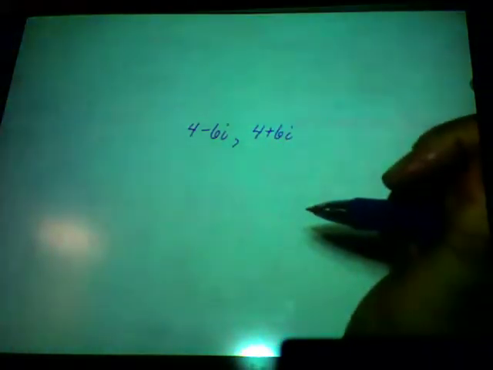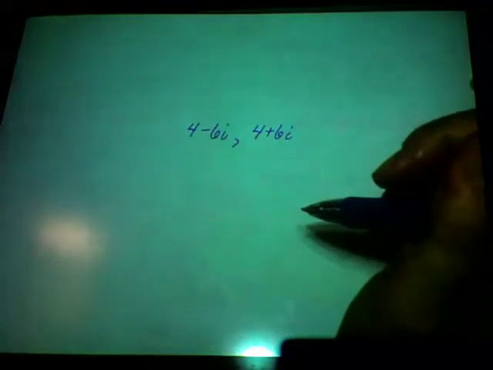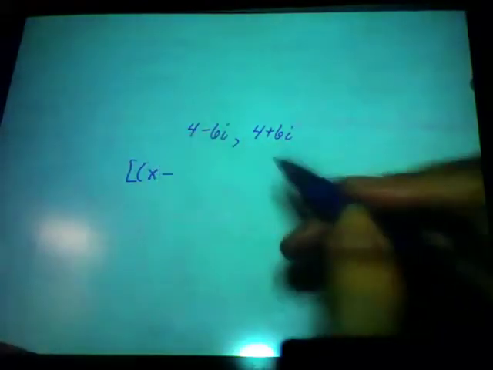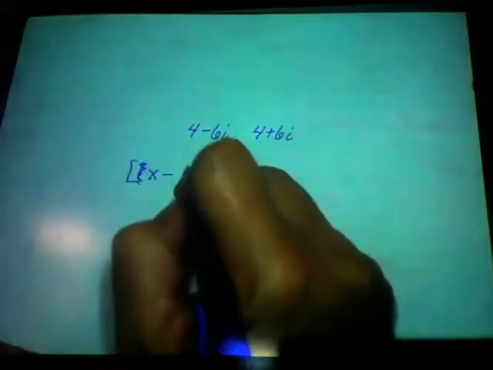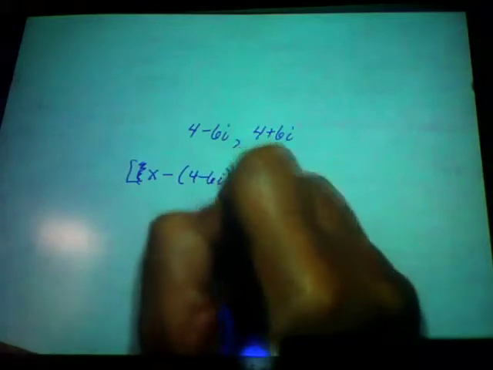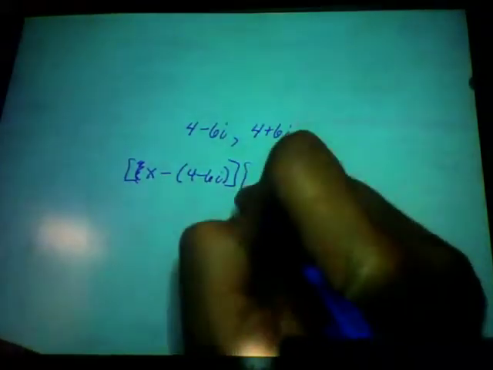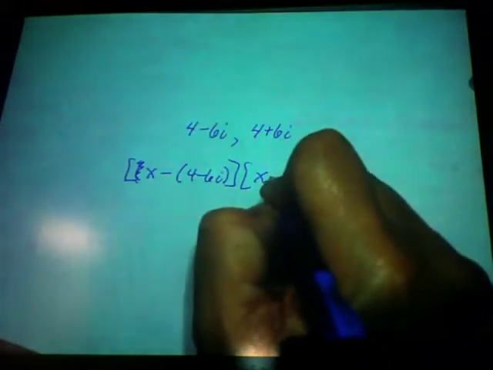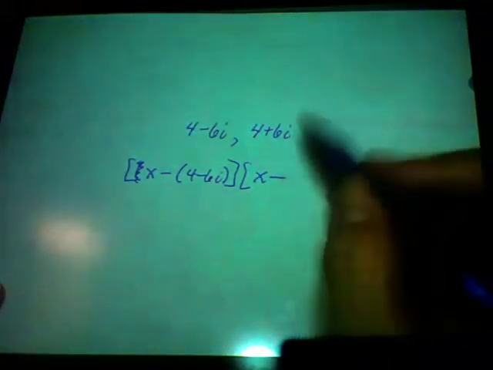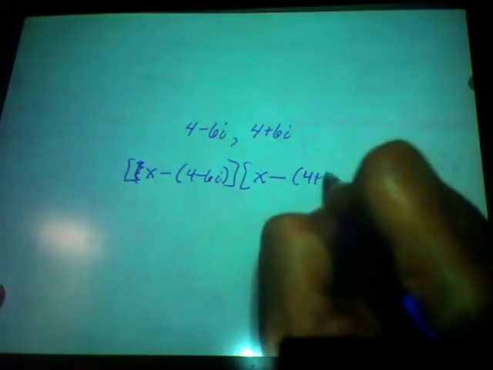Then if we were to write the polynomial associated with this, you have to write it in its factor form, using brackets as x minus the 4 minus 6i times x minus the 4 plus 6i.